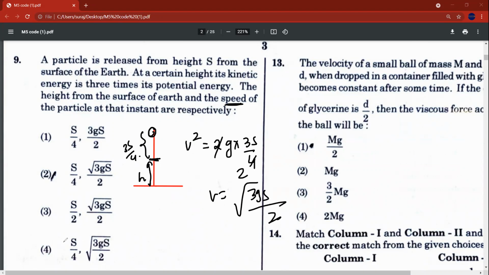If s by 4 is there, it should be 3gs by 2. This is the correct answer, the fourth one. This is the easy way to solve the question. Another way was also there, but it will be lengthy.